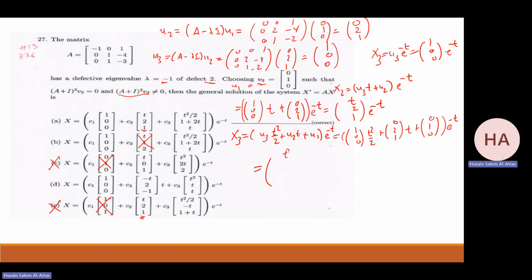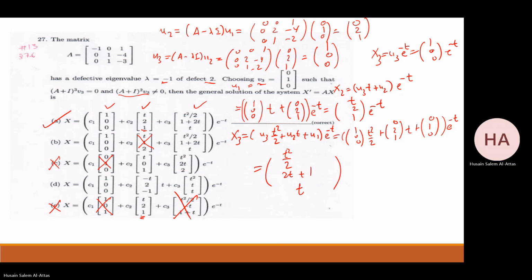That gives me t squared over 2, 0, 0, 2t plus 1, 0, t, which is this one. So these are the correct answers. So A is wrong.